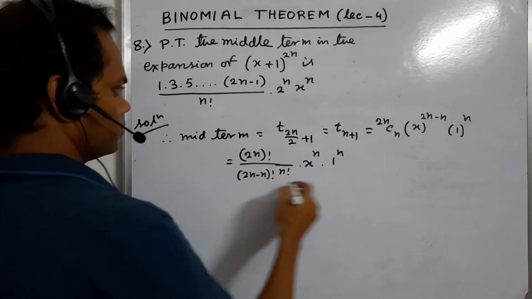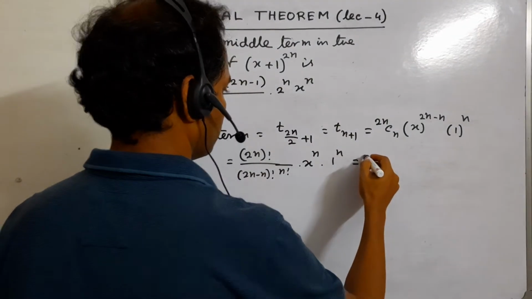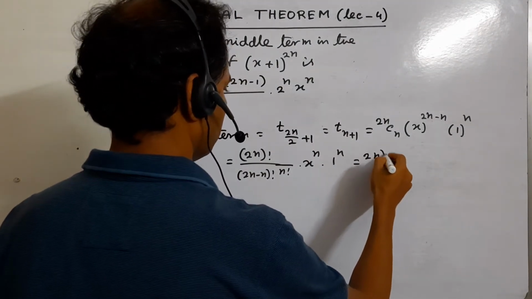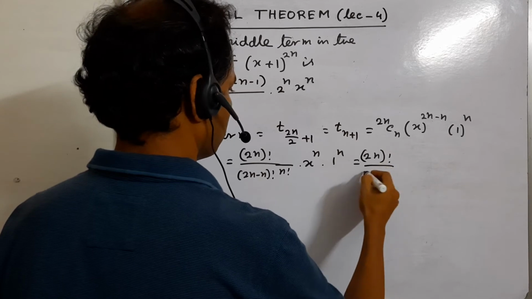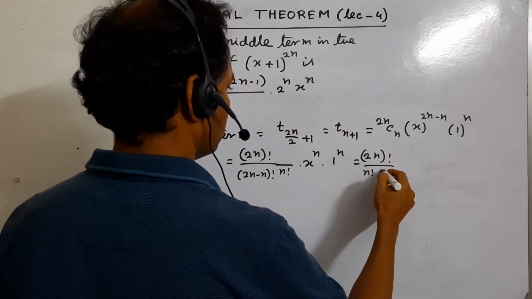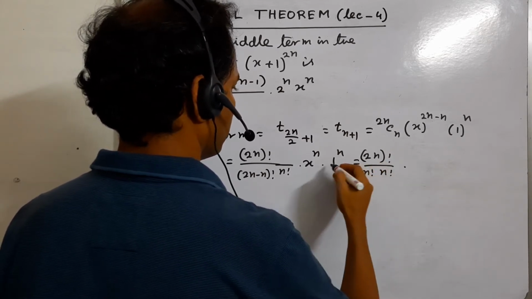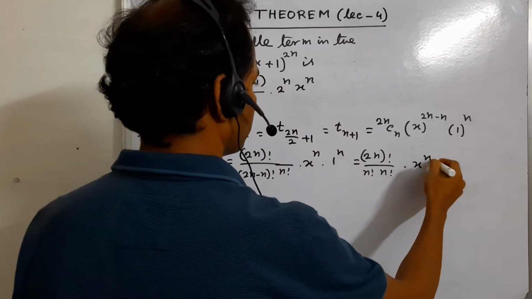So 2n factorial by n factorial into n factorial, 1 to the power 1 is x to the power n.